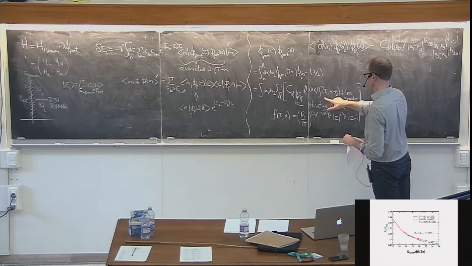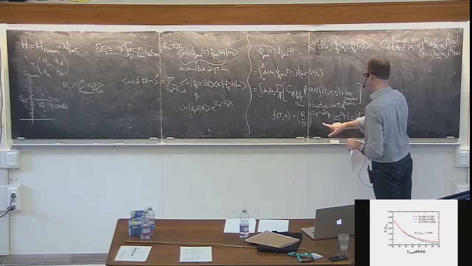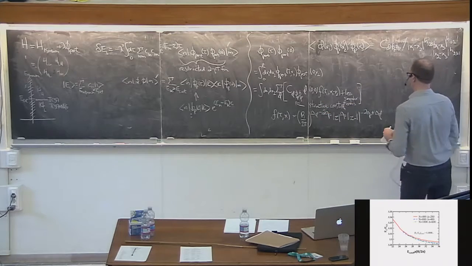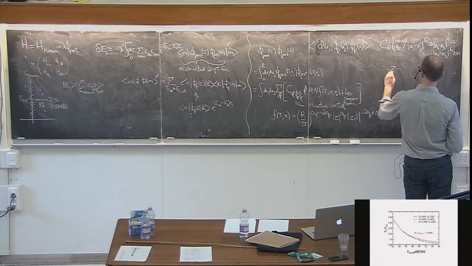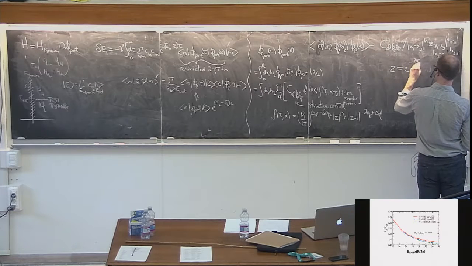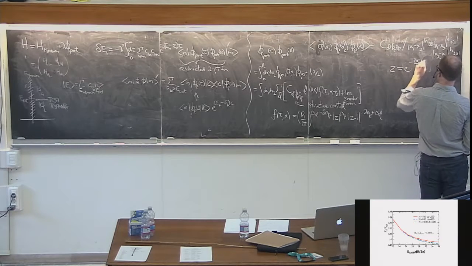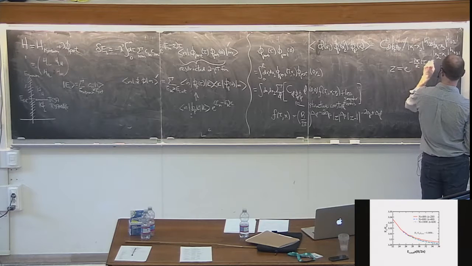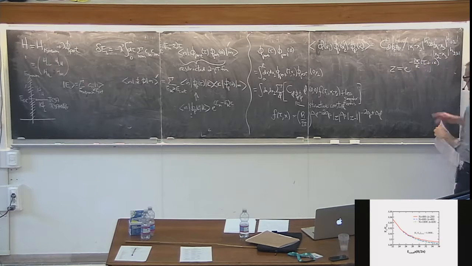So this space-time function is just given by this, where, let's be clear what we have here. Z is just the exponential of minus 2 pi over r, t plus ix.